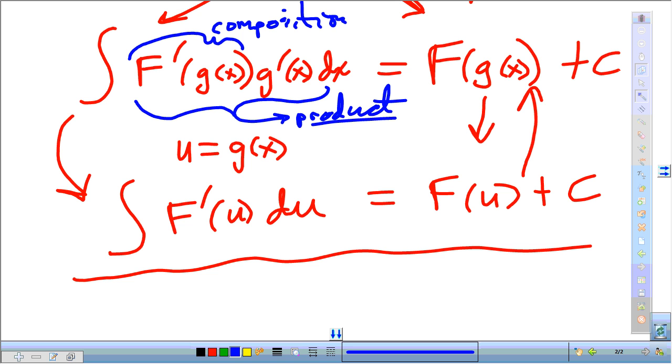So we're going to look at a setting where we can divide it into factors, one of which we're going to look at as a composition. And then attempt to write this as f prime of g of x and g prime of x under that setting. So it may or may not work, but that's when we would try this.